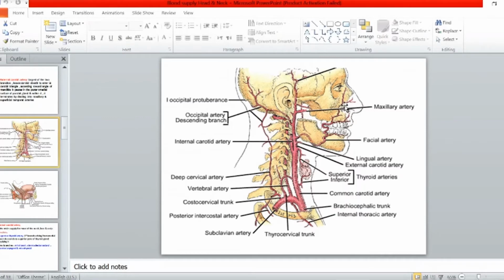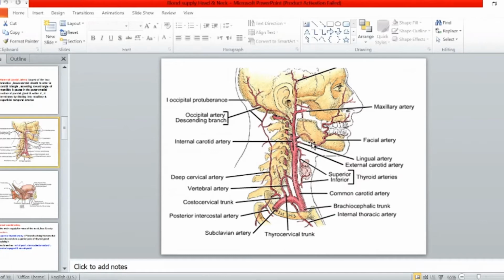It gives rise to a branch to the nose, called the lateral nasal branch, and then terminates at the medial angle of the eye by anastomosing with the branch of the ophthalmic artery supplying the face. So the facial artery, this is the third one, passes upward, reaching the medial angle of the eye.